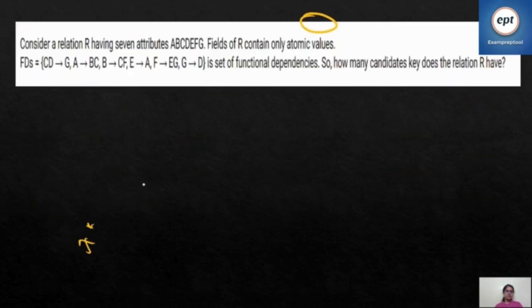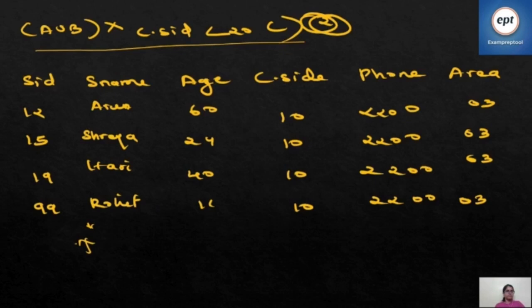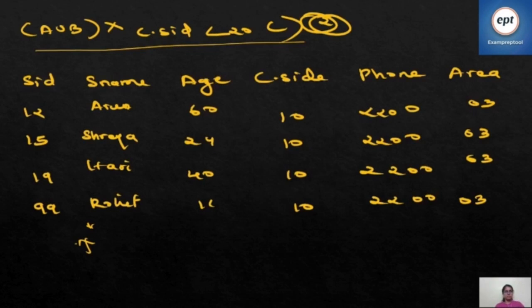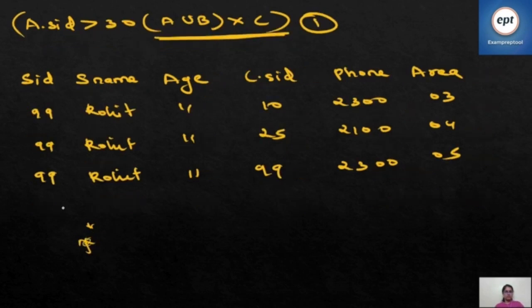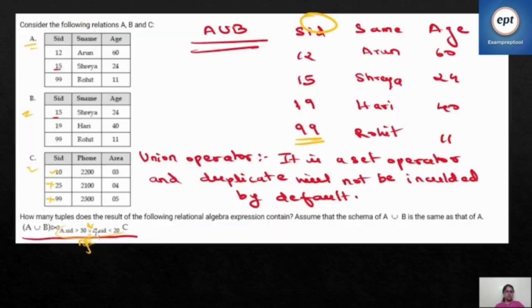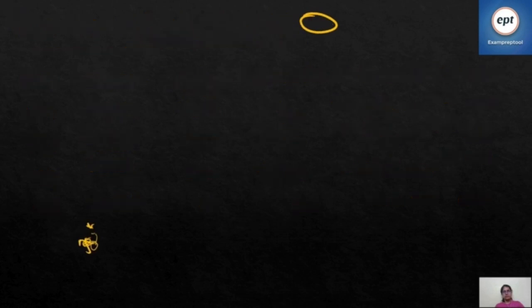Okay, let's make the final table. So this is table 1, this is table 2, and now we will take the union.